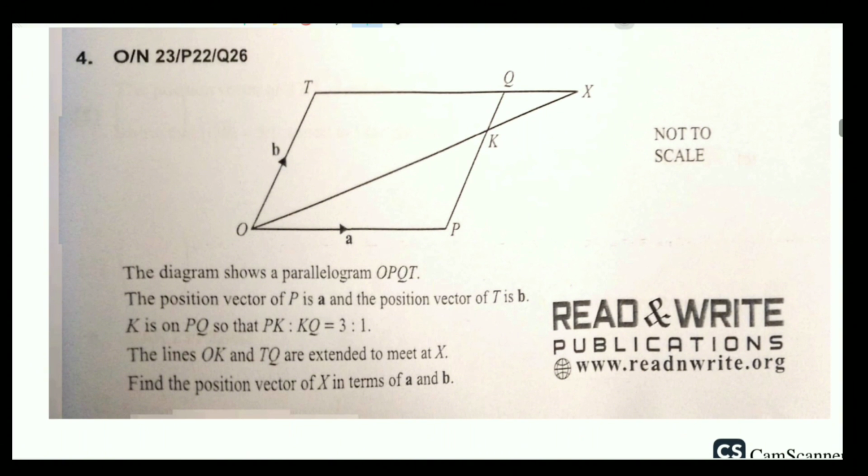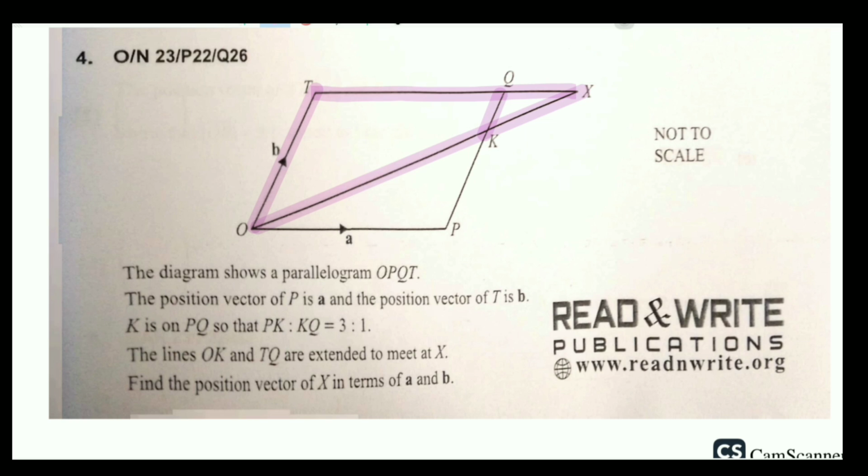So what we have to do here, we can use similarity, because we can see there is a small triangle inside this triangle. So it means that we can use the similarity rule here.